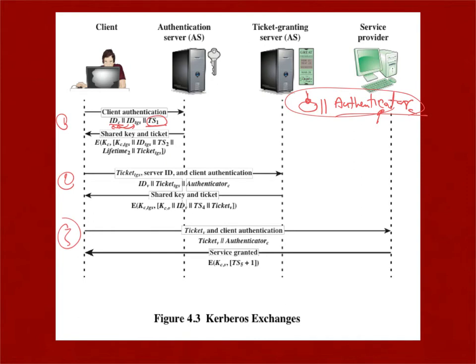So now the authentication server will send you back, and this is very interesting, a message which is hashed using KC. KC is a hashed password mapped into a key.